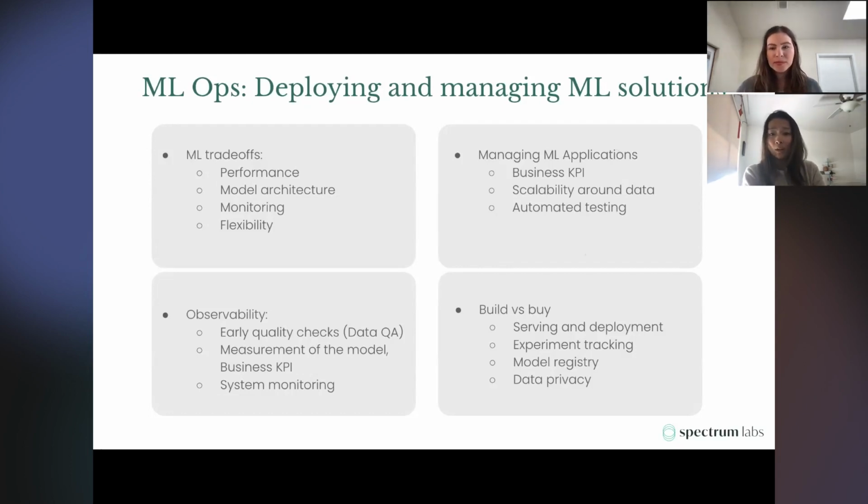Another question that we're constantly asking ourselves is what to build and what to buy. For example, the serving and deployment part is very often in-house. But for other things, can we outsource them to a vendor?